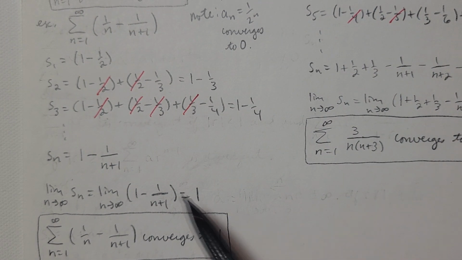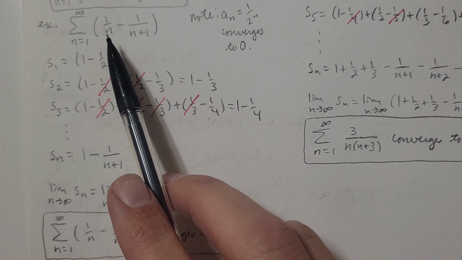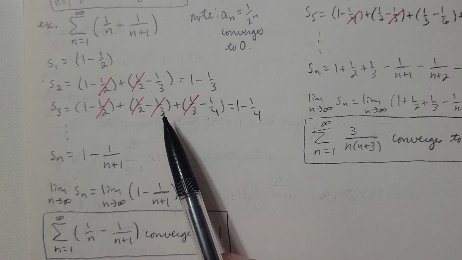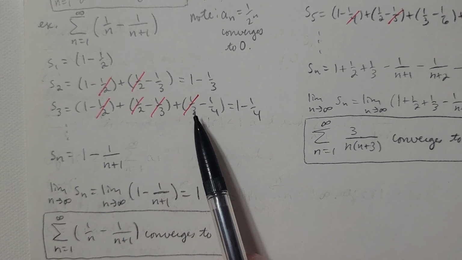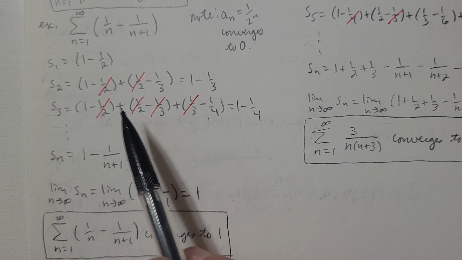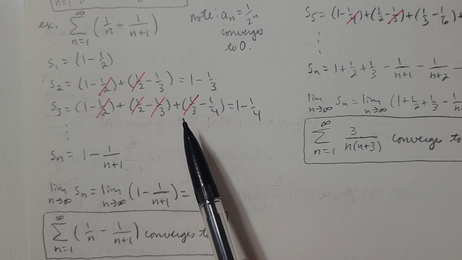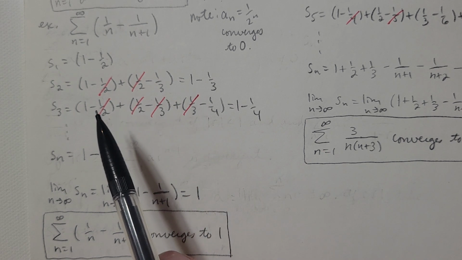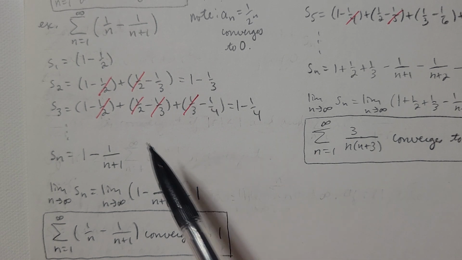So I got 1 minus 1/2 plus, when n is 2, 1/2 minus 1/3, plus, when n is 3, I'm looking at 1/3 minus 1/4. There's negative 1/2 plus 1/2, those are gone. Negative 1/3 plus 1/3, those are gone. And that's going to leave me with 1 minus 1/4, etc.